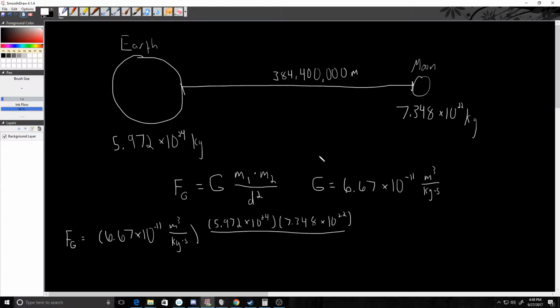I just very complicatedly went from kilometers to meters. The big thing though, I need to square that. So let me actually write that in scientific notation. We went 1, 2, 3, 4, 5, 6, 7, 8. So that's 10 to the 8th.